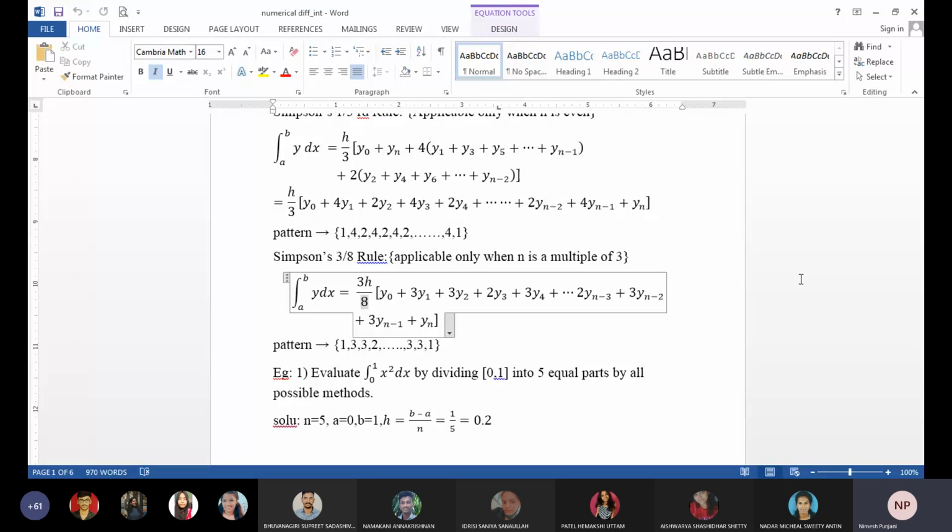So if you consider your interval a to b, your x0 is what? If you are dividing your interval a to b into n parts, what is your x0? Zero.